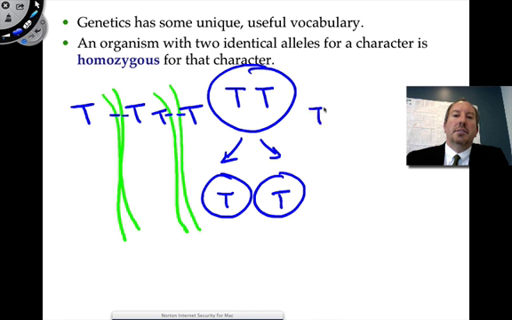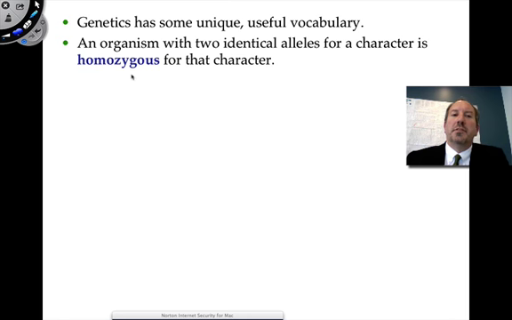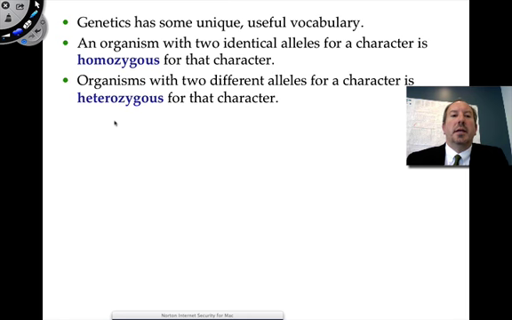But if a plant is big T, little t, we call this heterozygous when the alleles are different. And so when this plant produces pollen, it produces big T, little t. And so we have this term homo meaning the same and hetero meaning different.